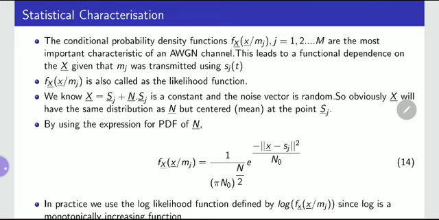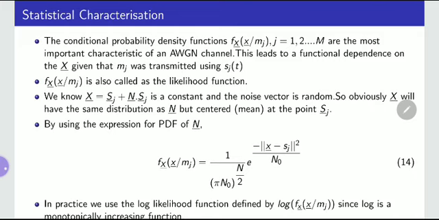So this fx of x given mj is called the likelihood function. And we already know this for the vector channel x is equal to sj plus n. Sj is constant and noise vector is random. So obviously x will have the same distribution as n but centered at the point Sj.